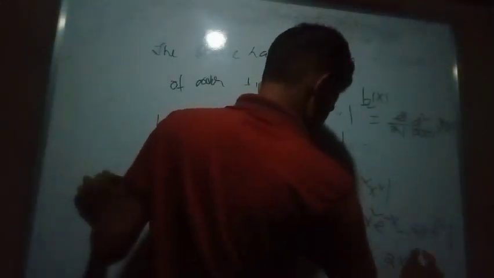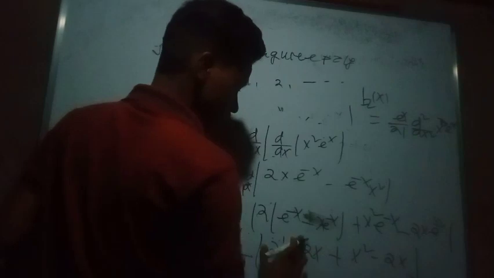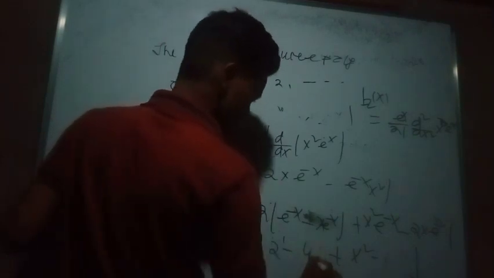So let's take e^-x common. Obviously we will get e^x, and since here the power of e^-x is minus, it will cancel, and it gives us 1 plus x by 2 factorial, since it is out of the bracket. So 2 minus 2x plus x² minus 2x. Okay, 2x will be added, it will give us 4x.